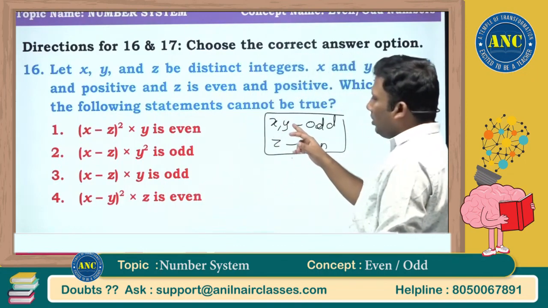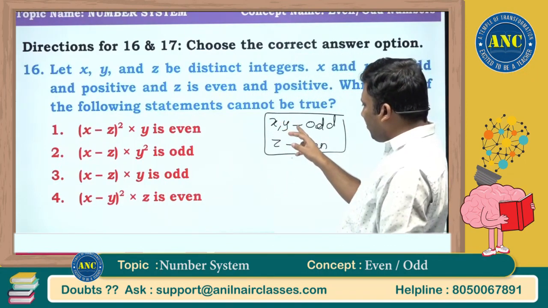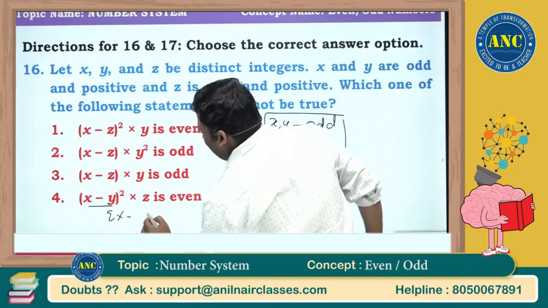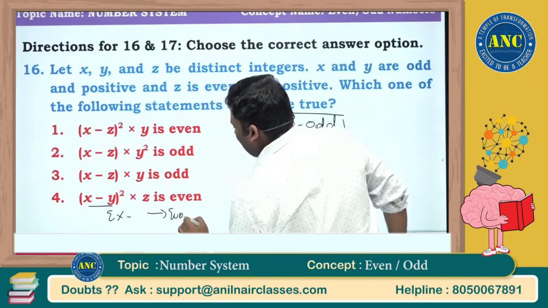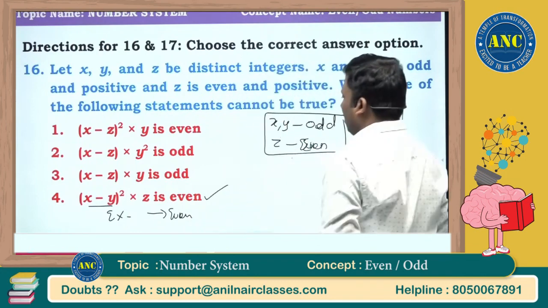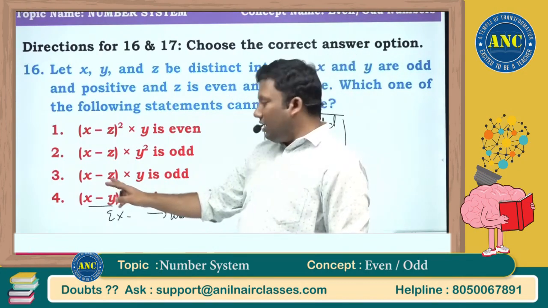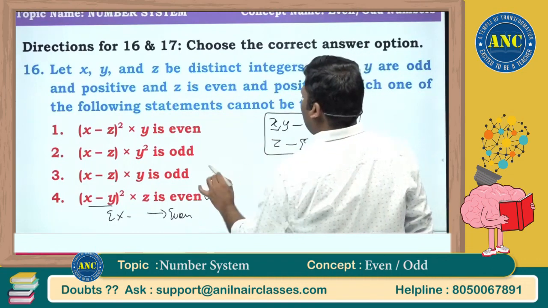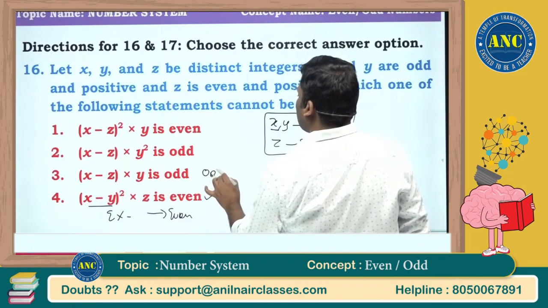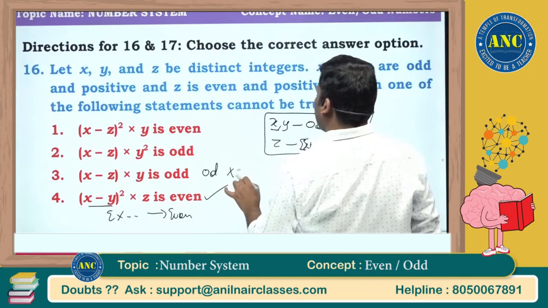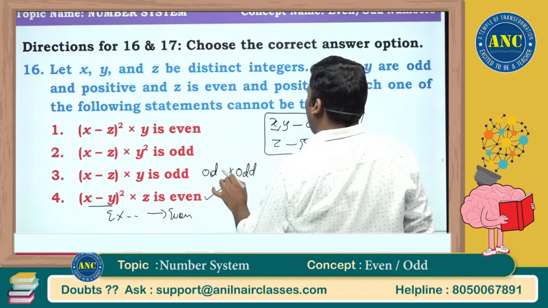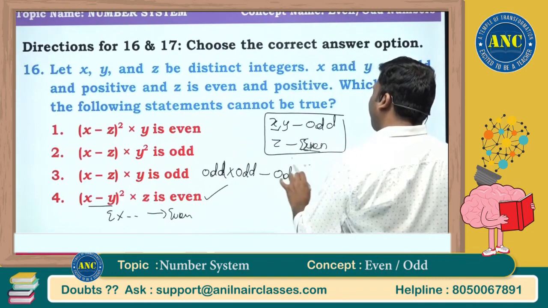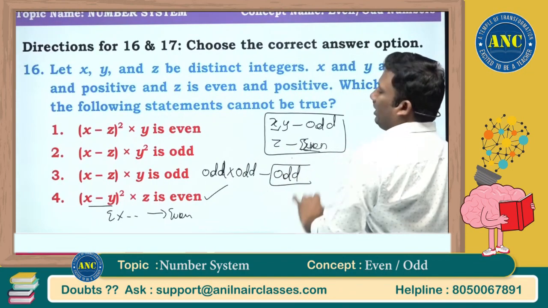First one. X, y are odd. Odd minus odd is even. Even into any number is even. Definitely true. Next one. X minus Z into Y. X is odd. Z is even. Odd minus even is odd. Y is also odd. Odd into odd, I will definitely get odd.